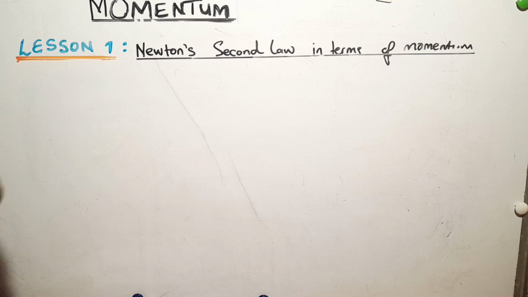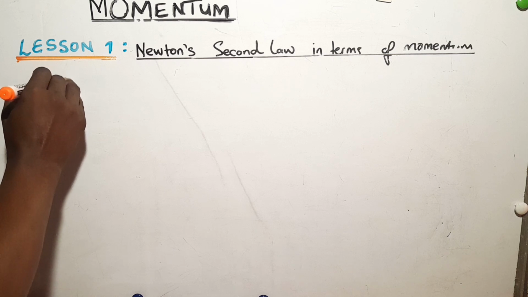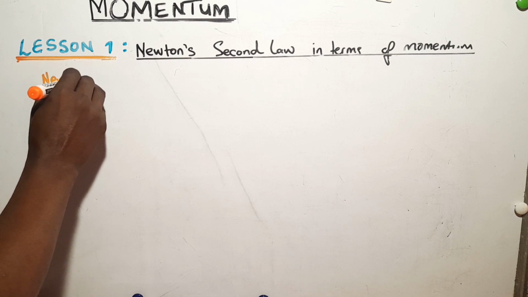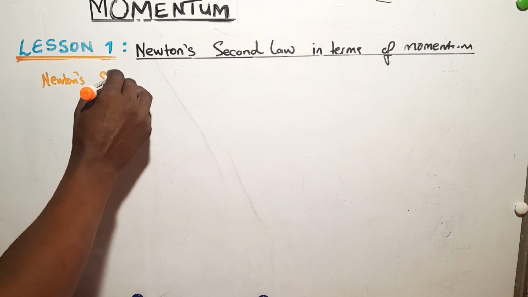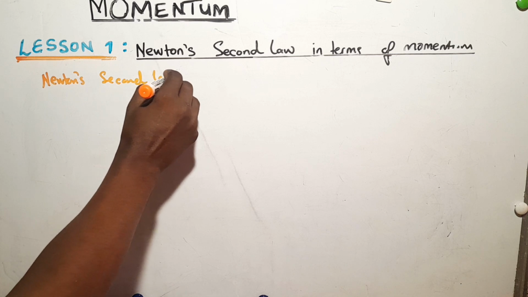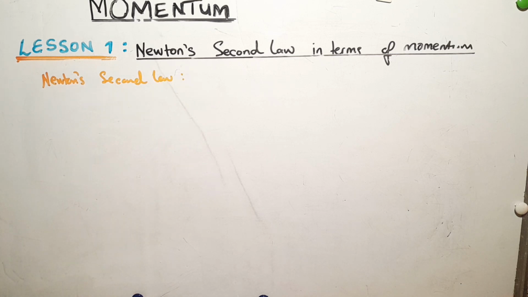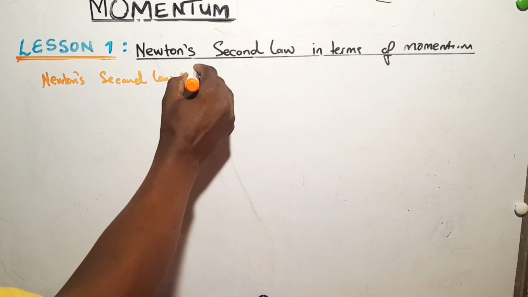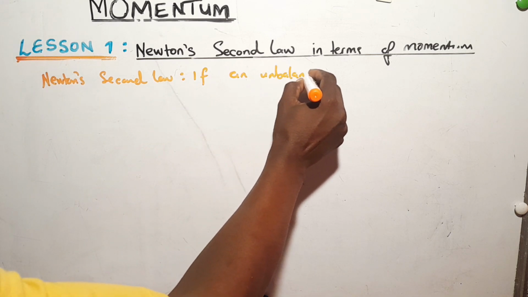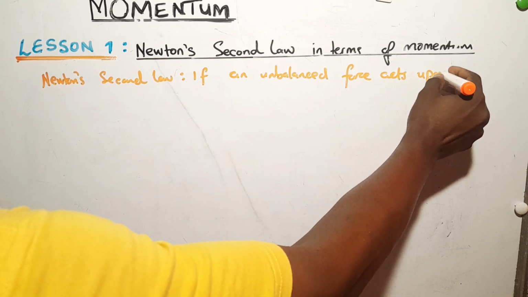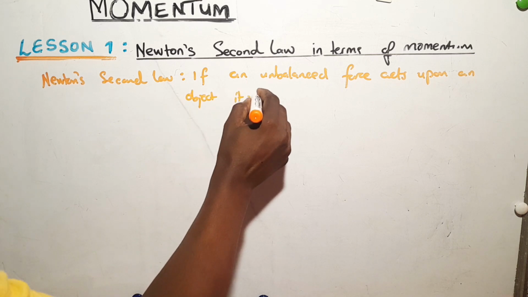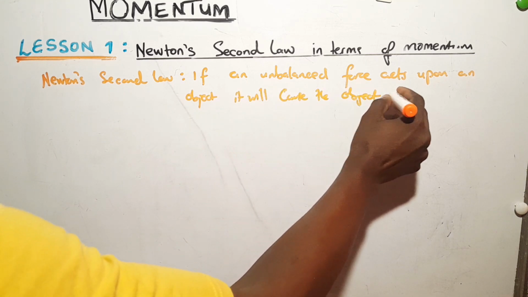In grade 11, we did Newton's second law. According to grade 11, Newton's second law says that if an unbalanced force acts upon an object, it will cause the object to accelerate.